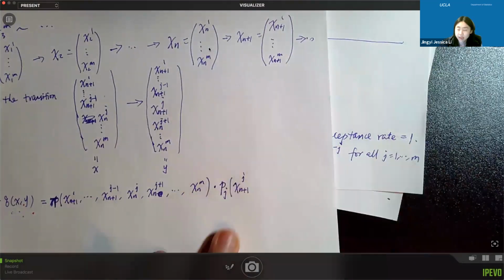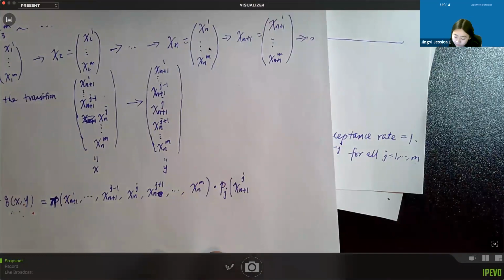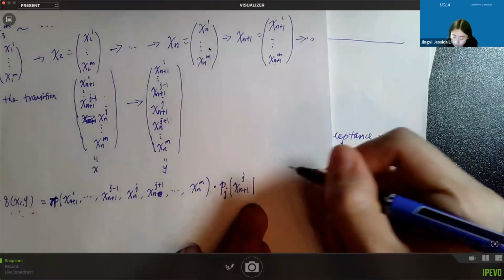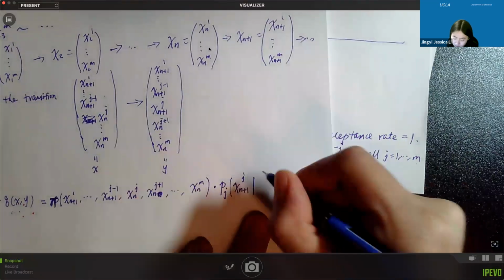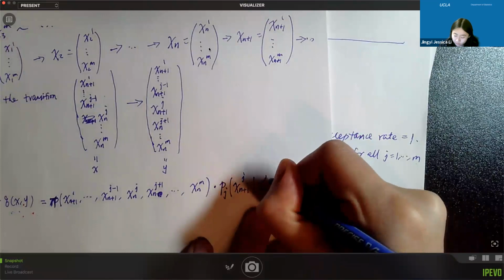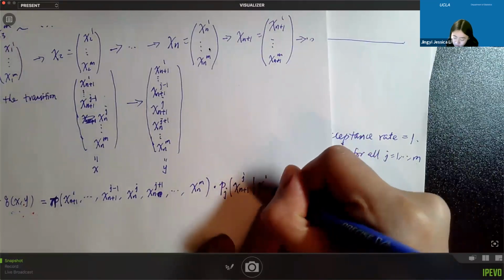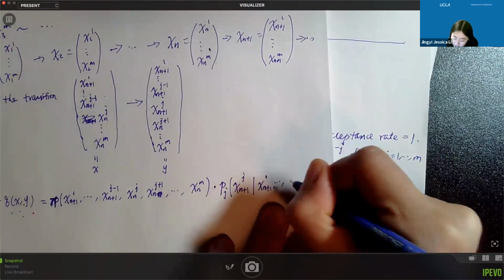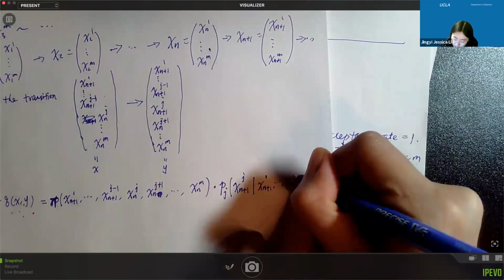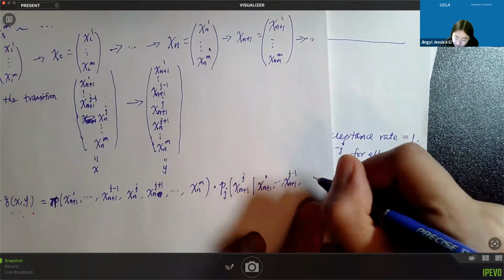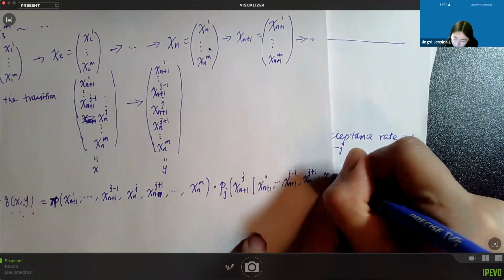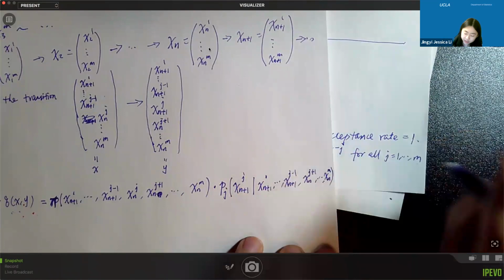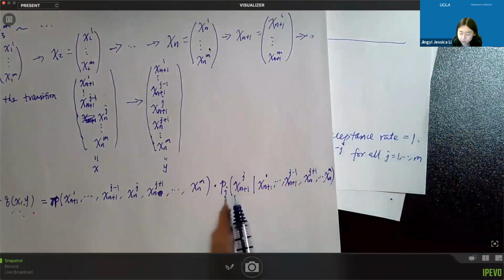That's the value I draw. And what I'm conditioning on is xn plus 1 1 to xn plus 1 j minus 1, and after that, xn j plus 1 to xn m. So I'm conditioning on these other values to draw this particular value, and that's a conditional distribution.